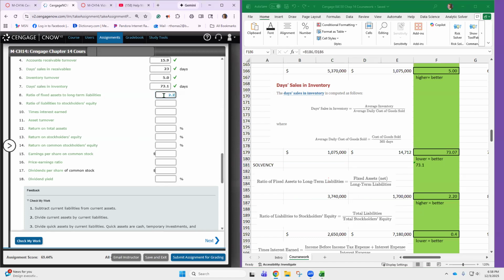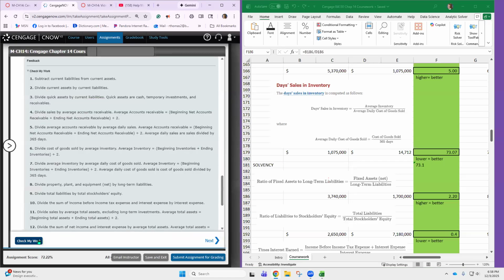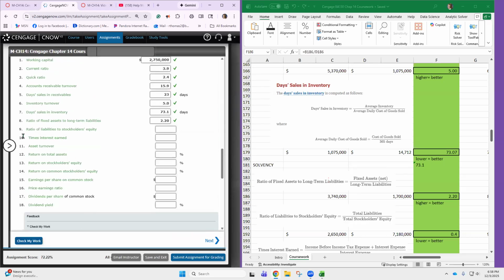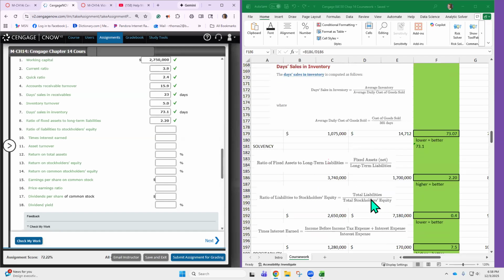There it is. Once again, these are our solvency ones now. Now we're going to do a ratio. A ratio is always a division problem. You're going to have a numerator and a denominator. In fact, most of these are division except for that first one.